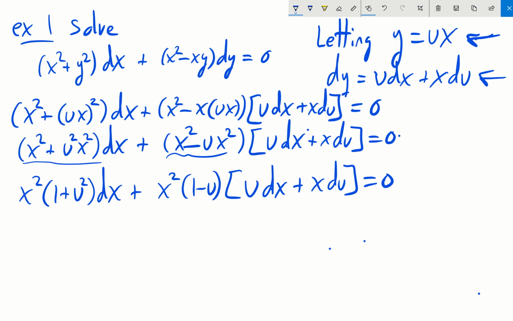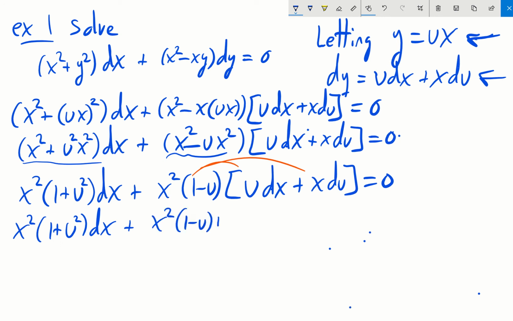Let's now distribute this term into the parenthesis. We have x squared times 1 plus u squared dx plus, we're going to get x squared 1 minus u times u dx plus x times x gives us x cubed times 1 minus u du equals 0.